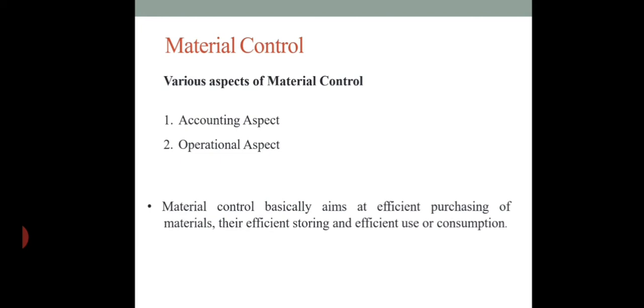And the next one is the operational aspect. Material control related to the operational aspect is the maintenance of material supplies at different levels so as to ensure that the material is available for use in production and production services as and when required, by minimizing the investment in material.